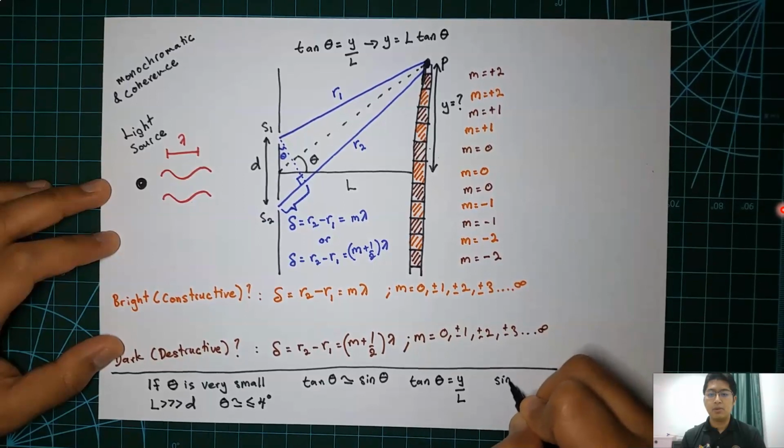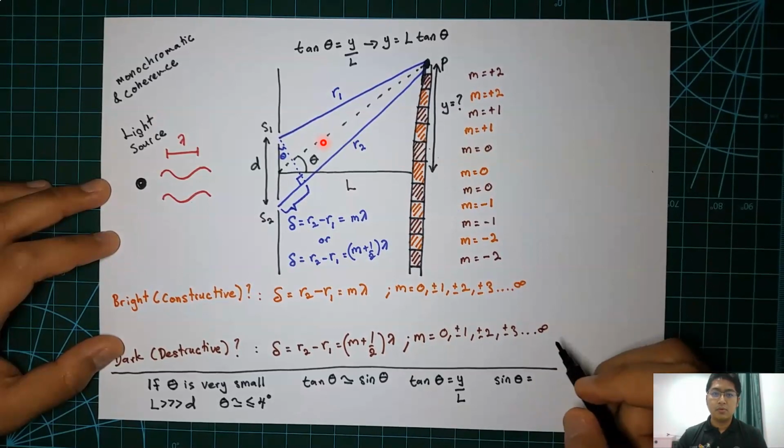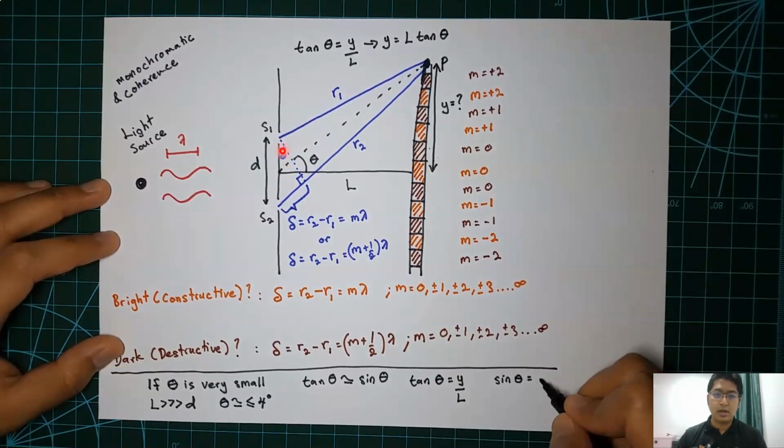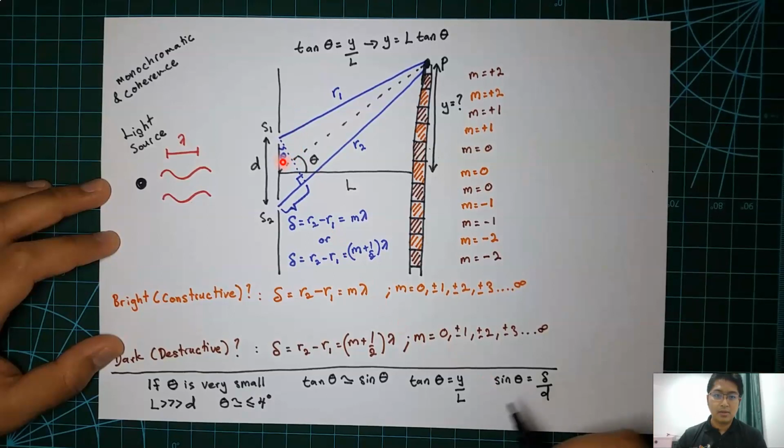From this triangle, sine theta equals opposite divided by hypotenuse.